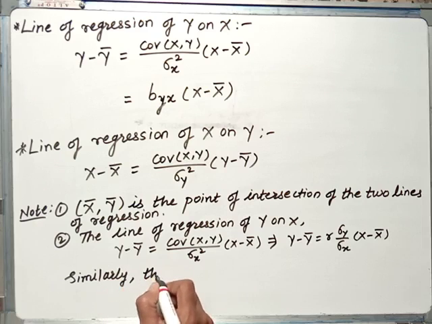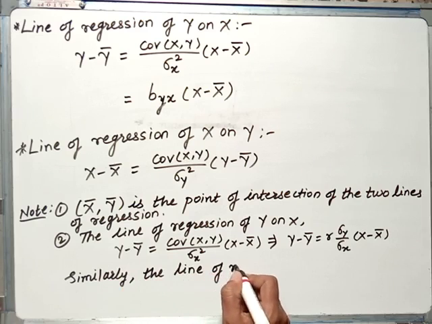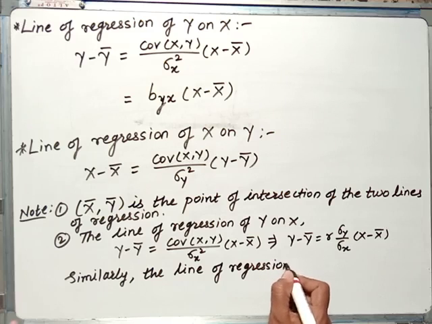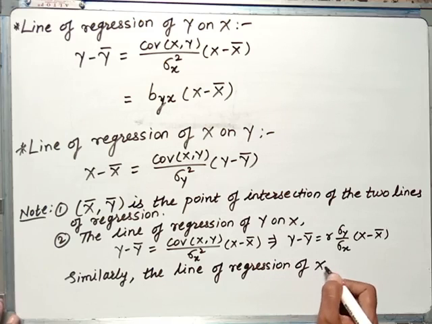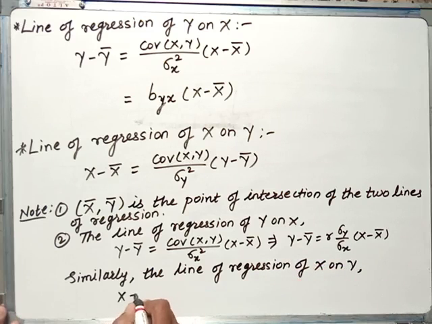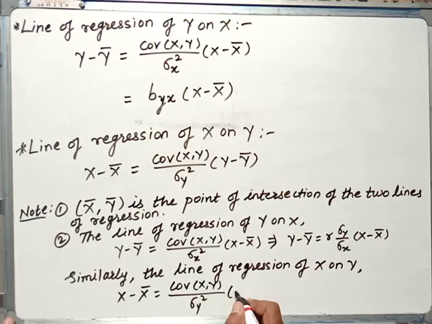Similarly, the line of regression of x on y is what? X minus x bar equal to covariance between x and y upon sigma y square into y minus y bar.